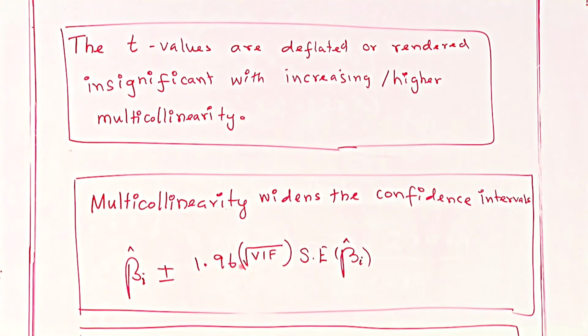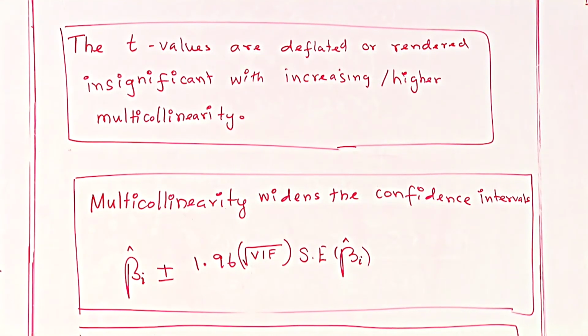Of course, this is derived for the 5% level of significance. So, these confidence intervals are also inflated by the factor of the square root of the VIF. So, that is also widened. So, the confidence intervals derived in the presence of multicollinearity will give you an inefficient confidence interval.